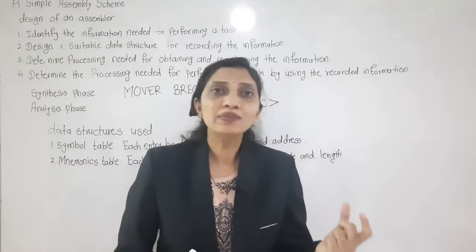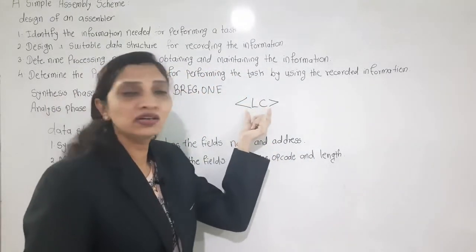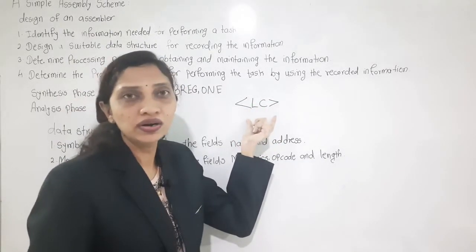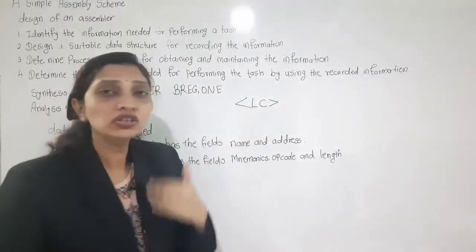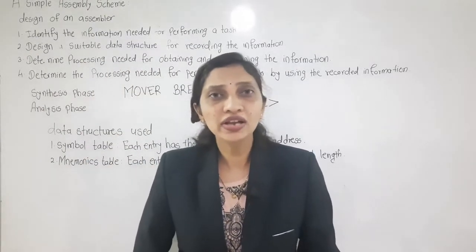Suppose your START statement contains the value 200, so that 200 value is assigned to the location counter. Now how does the location counter perform the memory allocation activity?